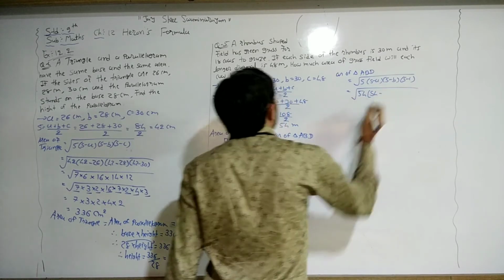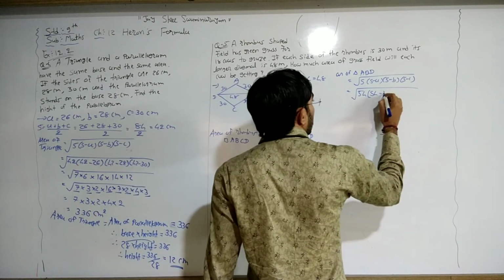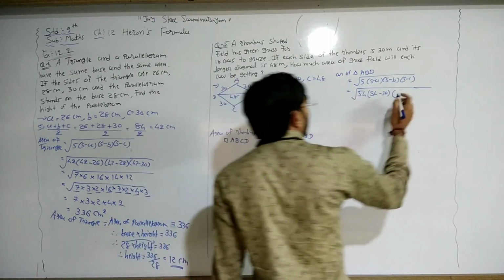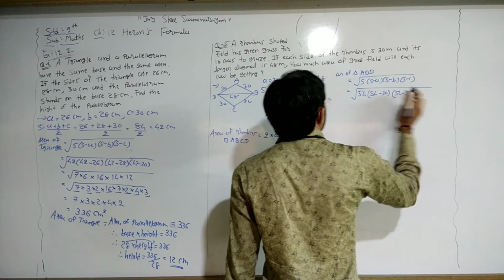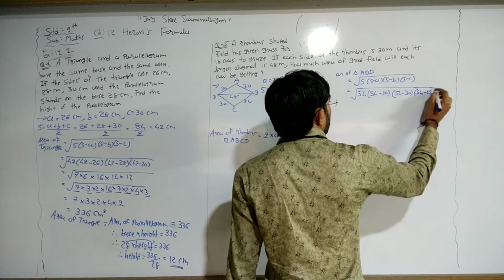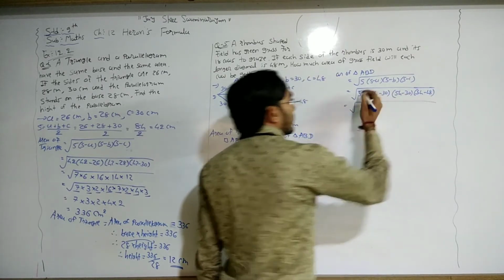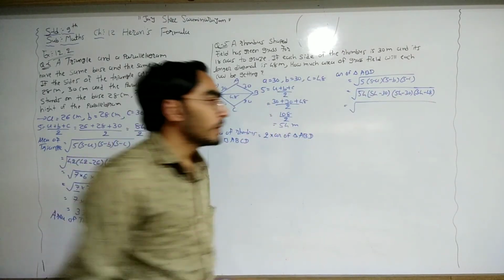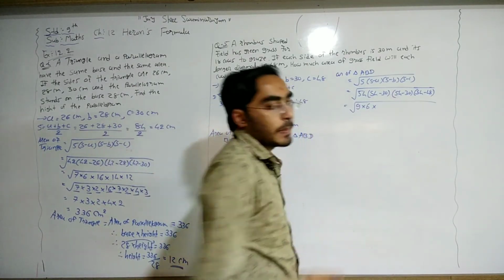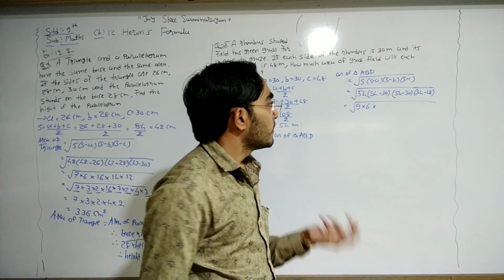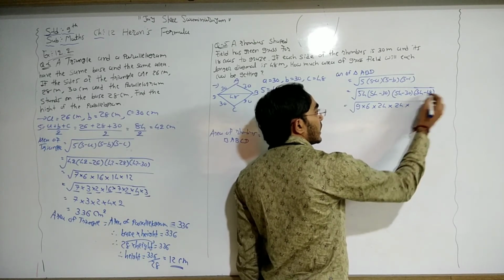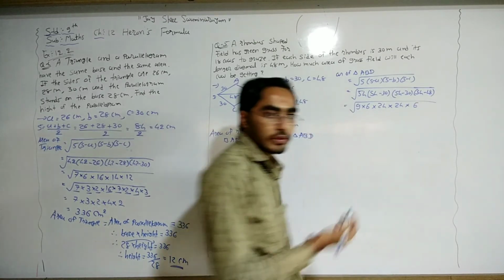Now 54 minus 30 is 24, 54 minus 30 is again 24, and 54 minus 48 is 6.